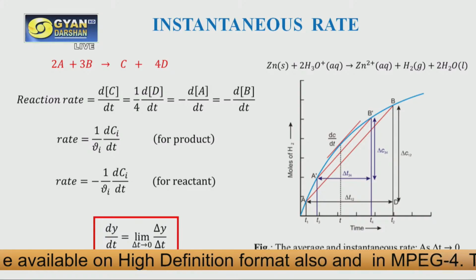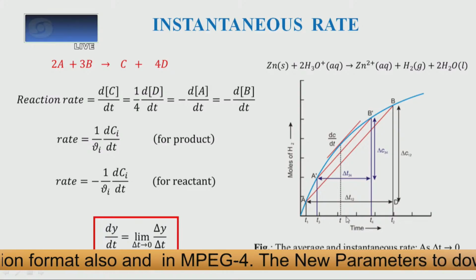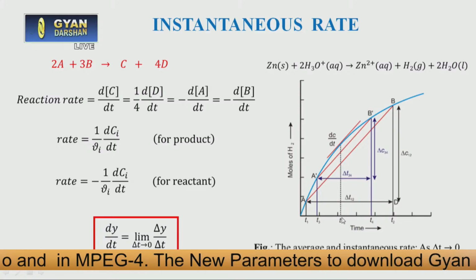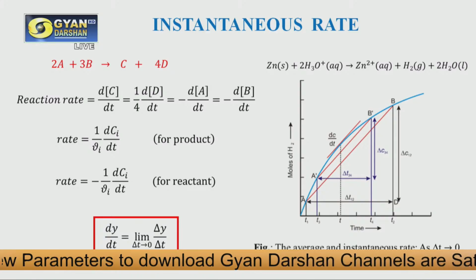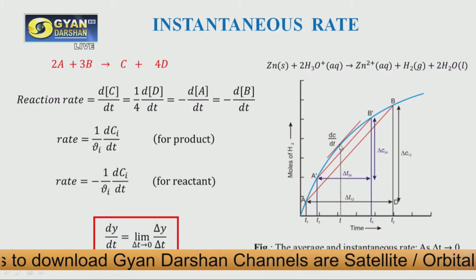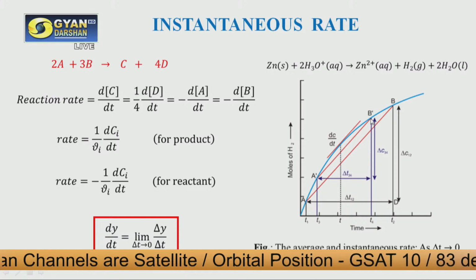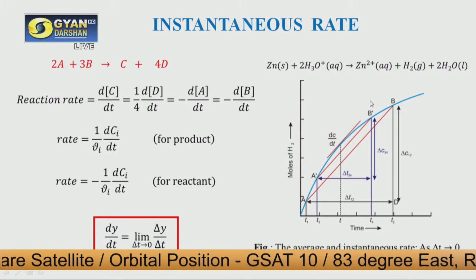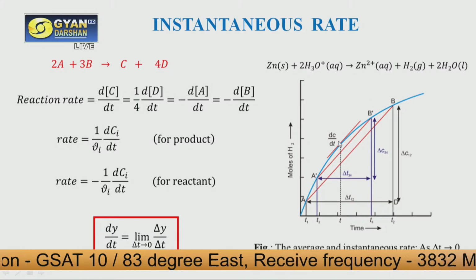If the difference of time decreases and at some point this difference is very small, at time t, what is the concentration of that product? A prime and B prime, the concentrations of the product, should nearly overlap.